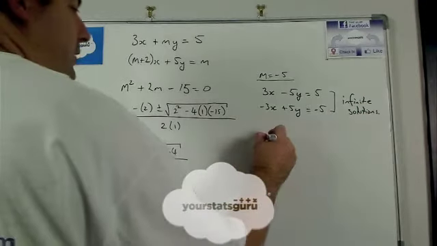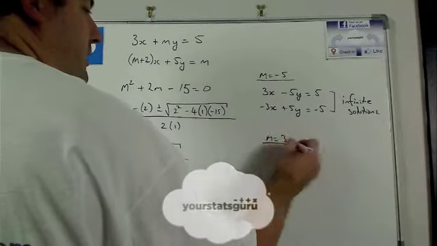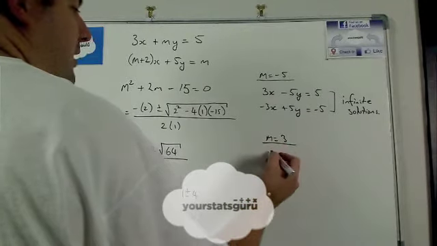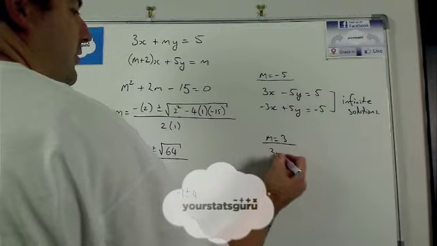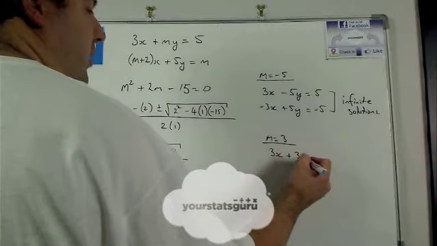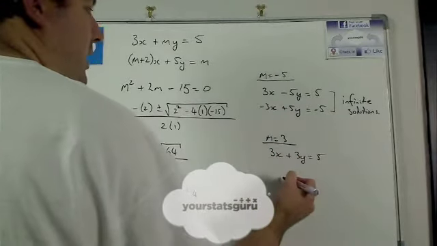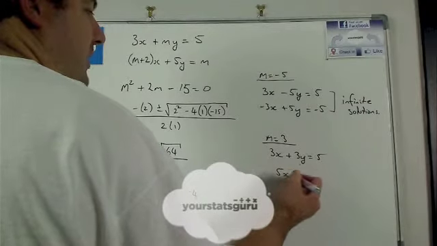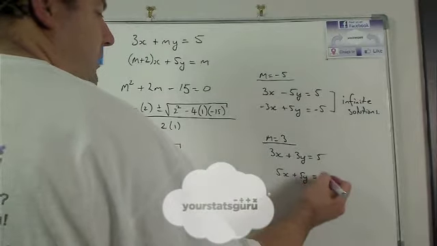And if we take the other value, m equals 3, another situation, then when m equals 3, we have that 3x plus 3y equals 5, and we'll have 5x plus 5y equals 3.